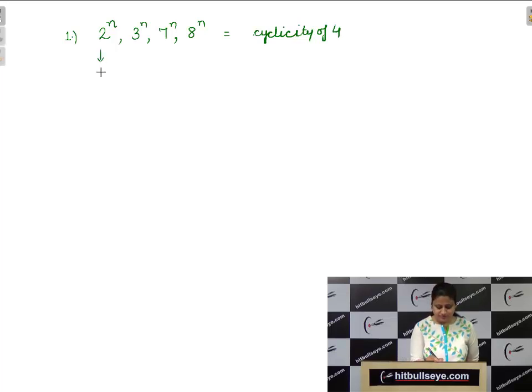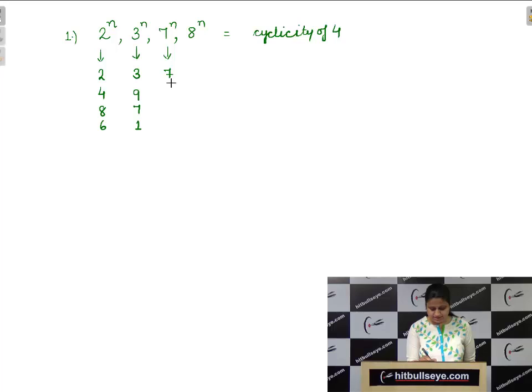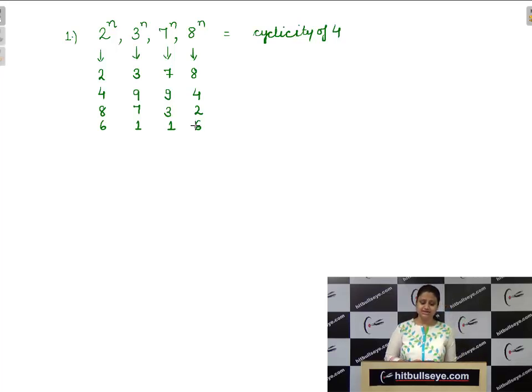For example, for 2, the cycle is 2, 4, 8, 6. For 3, it is 3, 9, 7, 1. For 7, this is 7, 9, 3, 1. And for 8, this is 8, 4, 2, 6. These are the cycles for 2, 3, 7, 8.